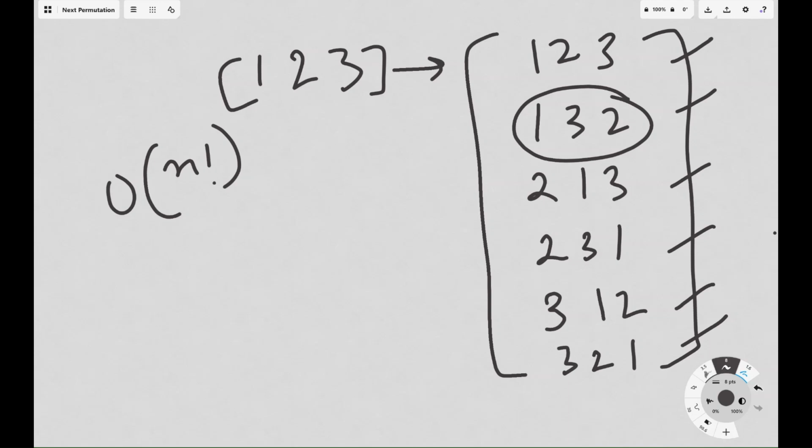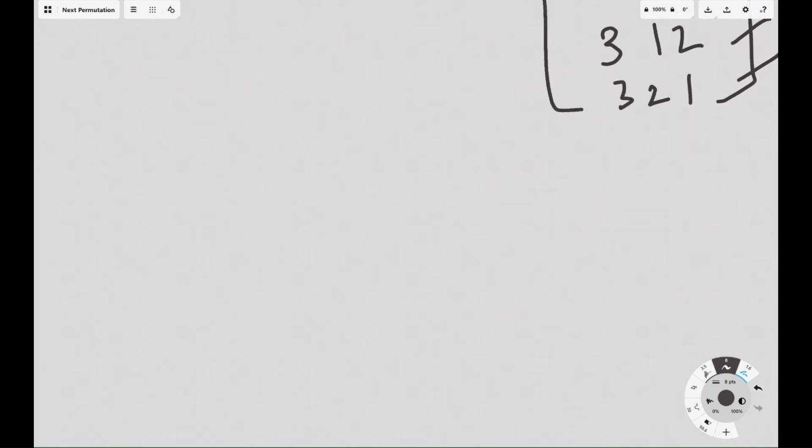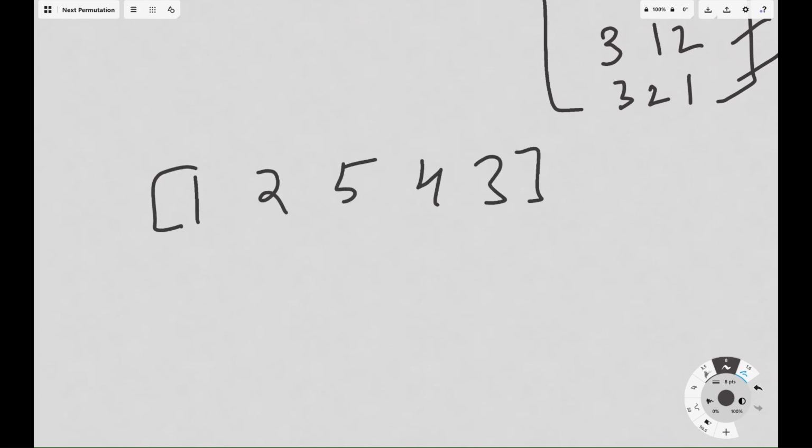Now let's try to think of how we can improve it. If we take a better example, like 1 2 5 4 3, what we need to do is check whether we can replace 3 with some number which can make it a bigger number overall.